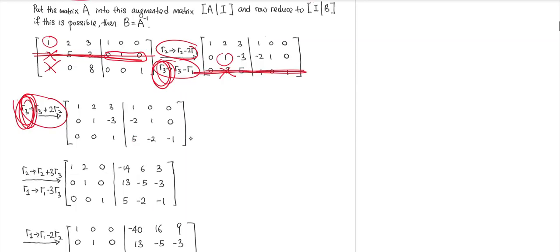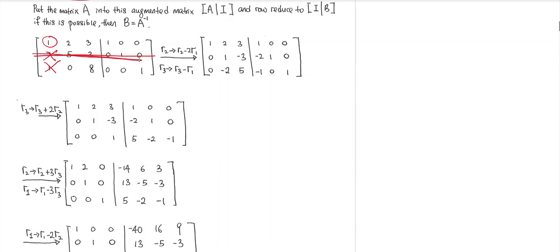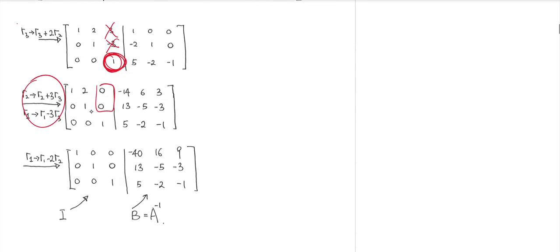So now we have that, and once we have this pivot, the procedure requires us to use this leading 1 to kill off these two numbers. These are the right row operations to do that. And once we have this to 0, we go back to this pivot, and then we kill off this number 2 right here. The right operations to do that are right here, as you can see.